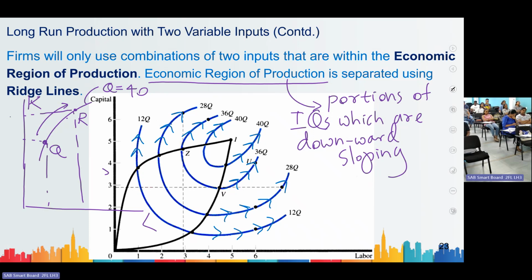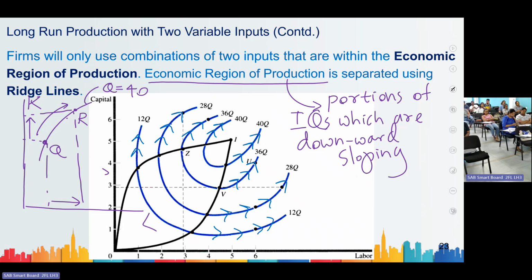The firm has to increase both capital and labor, which is not economical for the firm.